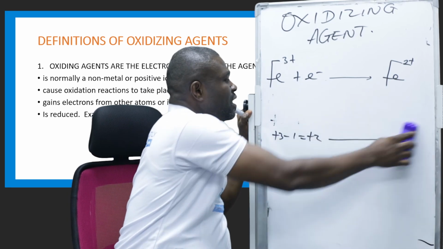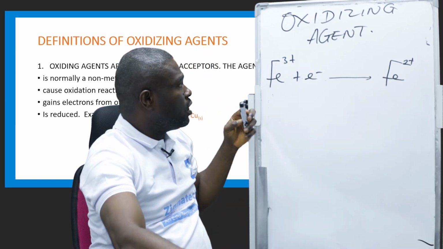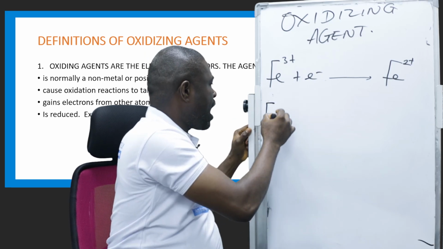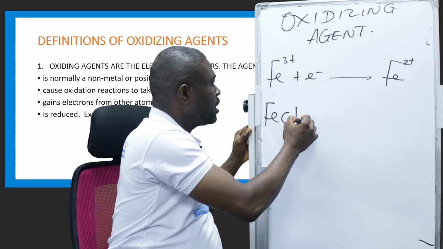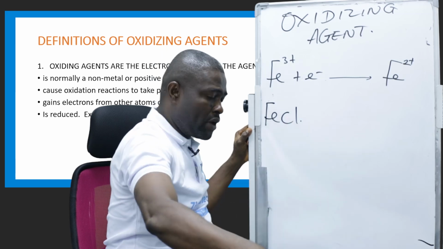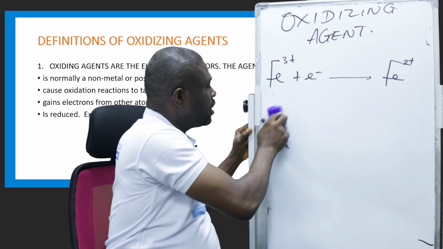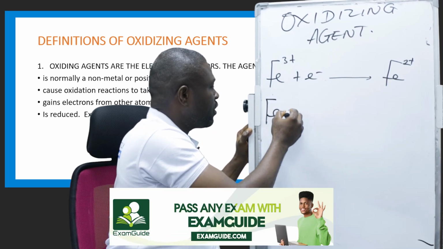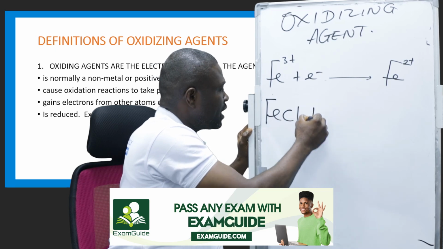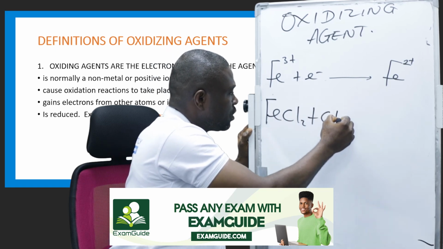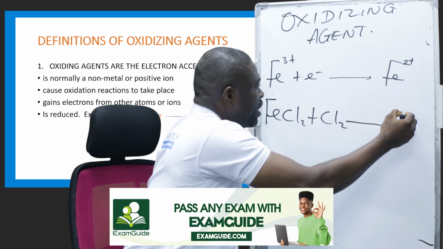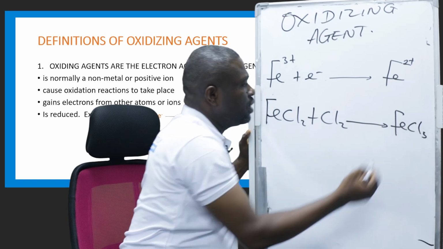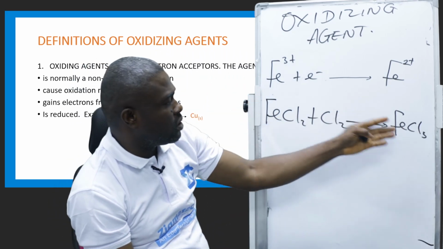Okay, now let me write the full equation. This is a situation where iron 2 chloride, FeCl2, reacts with Cl, which is chlorine, to give me FeCl3. From iron 2 chloride to iron 3 chloride.